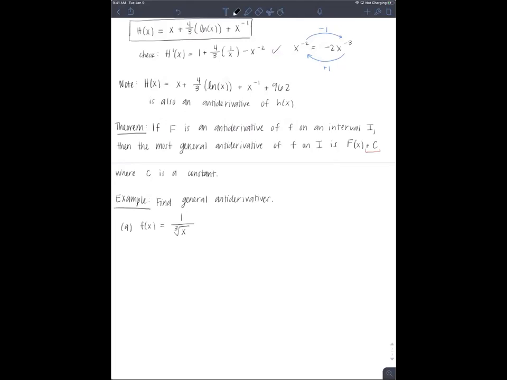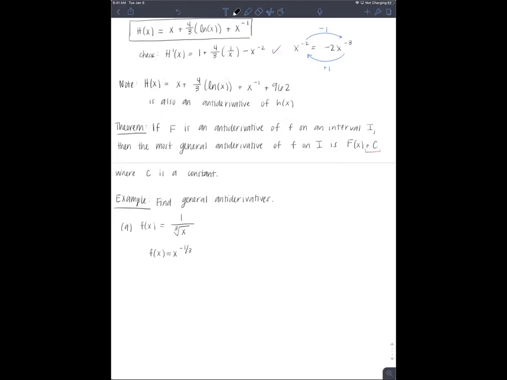Here, what should I probably do to that cube root of x to make this a little bit easier to think about? Yeah, write it as a power. I'm going to rewrite this as x to the power of negative 1 over 3. Yeah, make it a 1/3 power. And then I'm also going to make it negative just so I don't have a fraction to deal with.